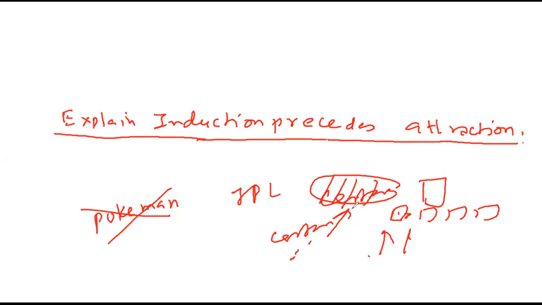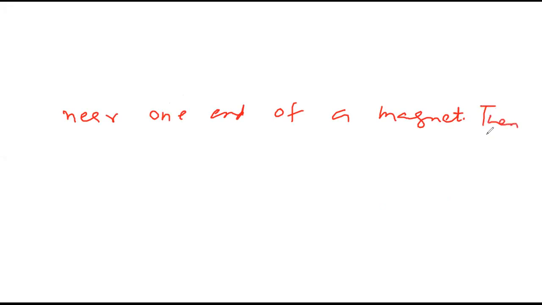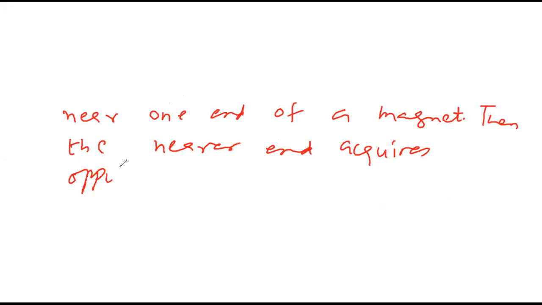Right. When a piece of iron is brought near one end of a magnet, then the nearer end acquires opposite polarity by induction.